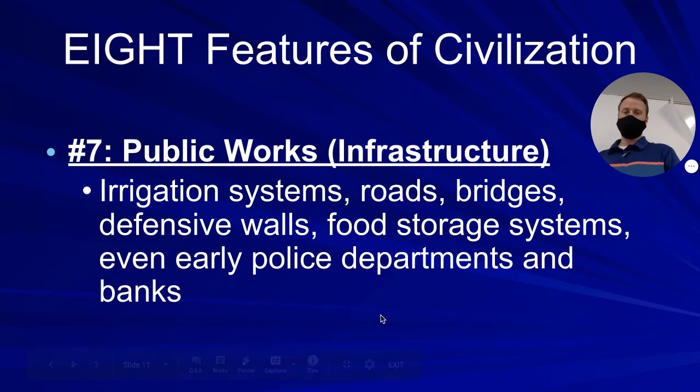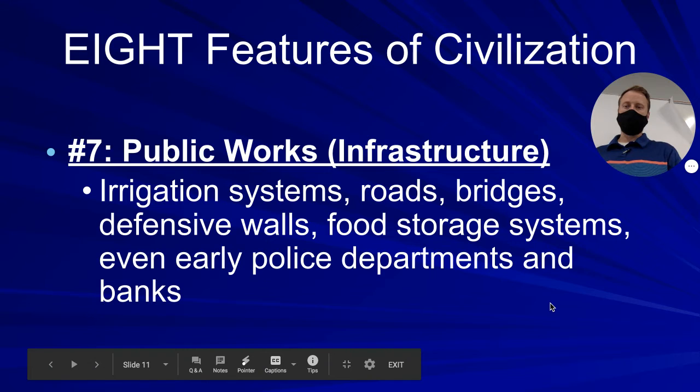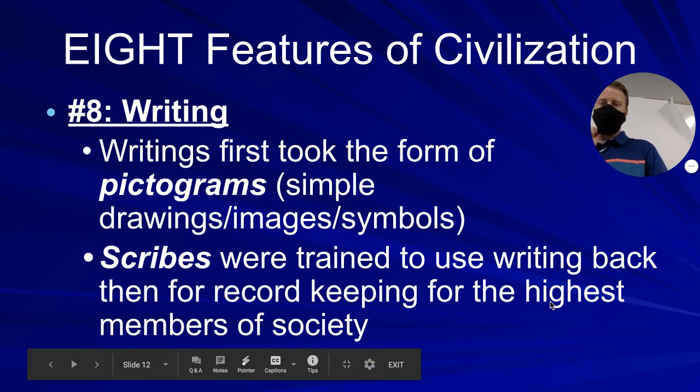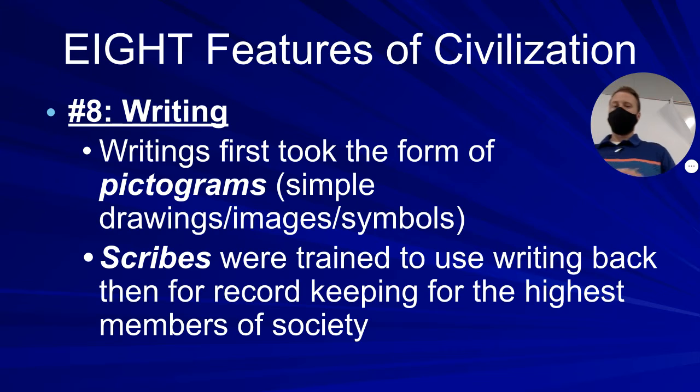All right, so last one, number 8. Possibly the most important one to historians, is writing. It first took form in pictograms, drawing images, symbols, hieroglyphs, and would later become the written word.